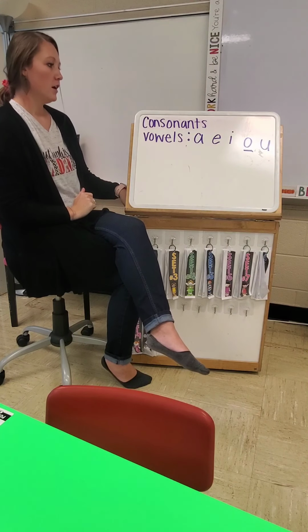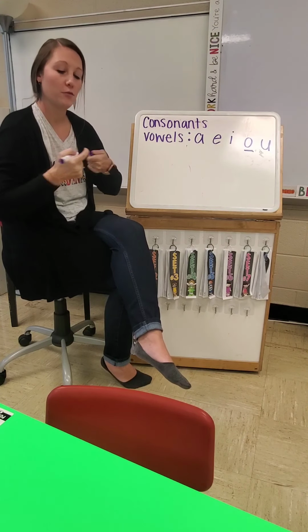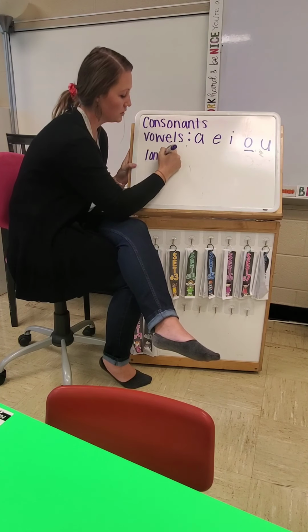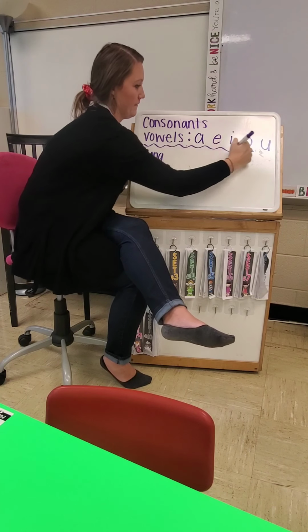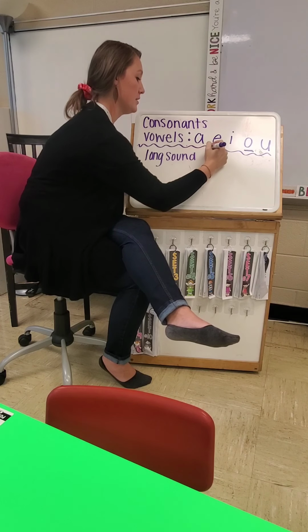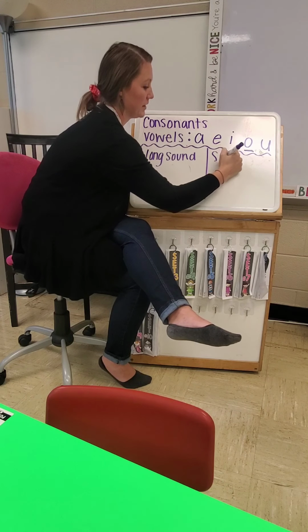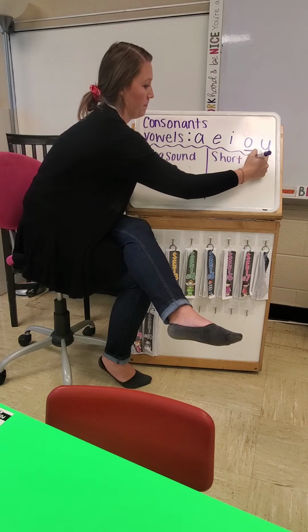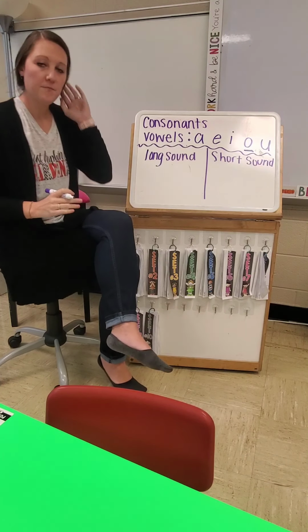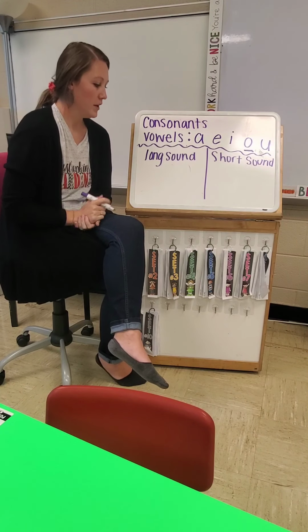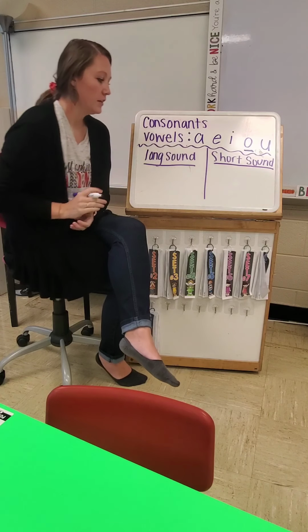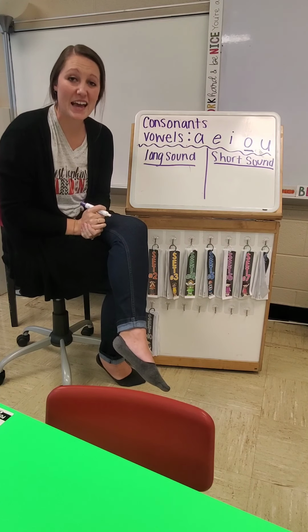Now, vowels have what we call a long sound and a short sound. Now, let's look at the letter O. The long sound, the letter just says his name.